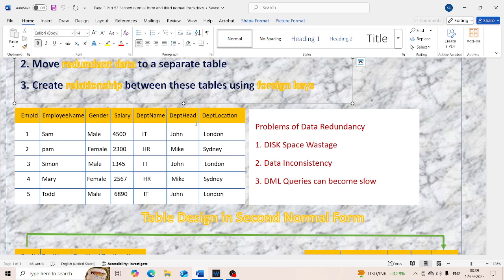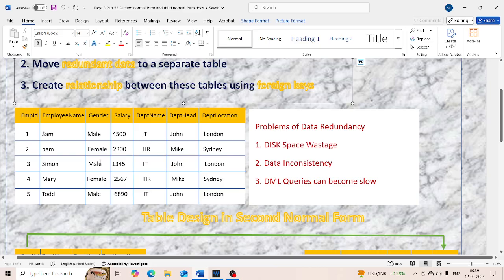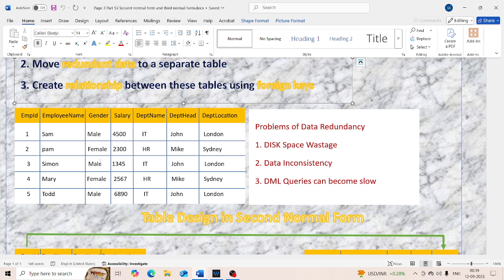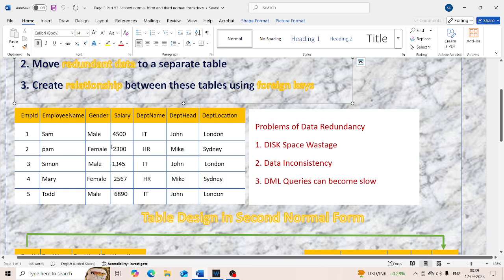Now let's assume in my organization I have 100,000 employees. So obviously in this employee table, I am going to have 100,000 records. But let's say I only have two departments in my organization, IT and HR.